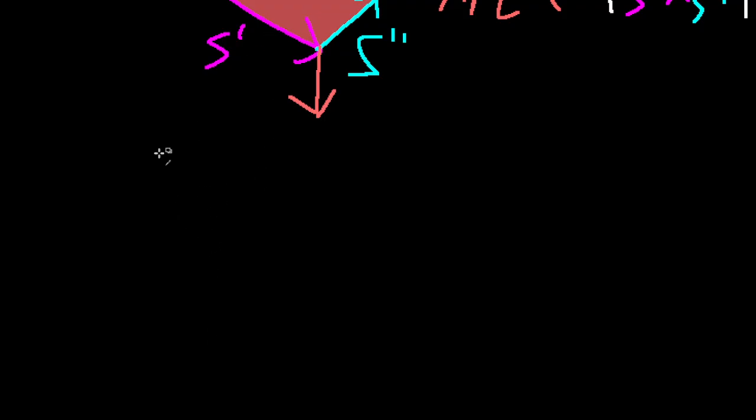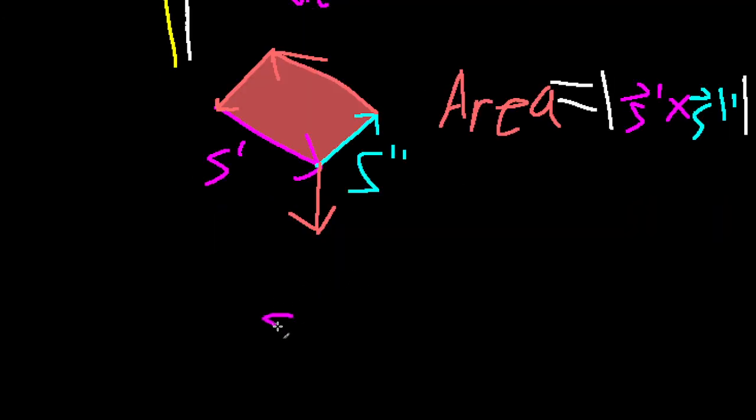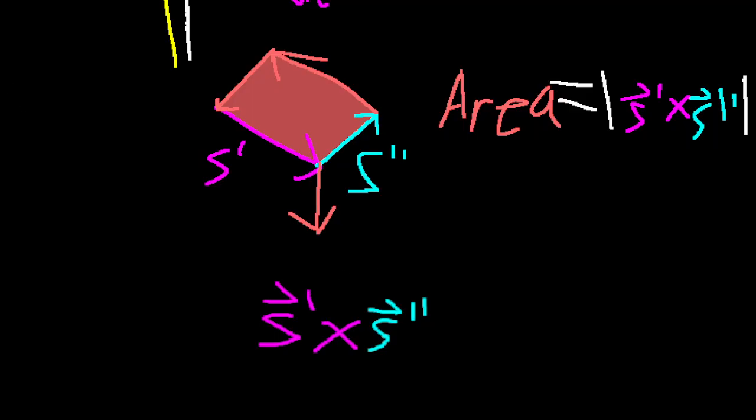Let's see what happens if we represent this with a wedge product, s prime wedge s double prime. Oh, my apologies, I wrote a cross again.